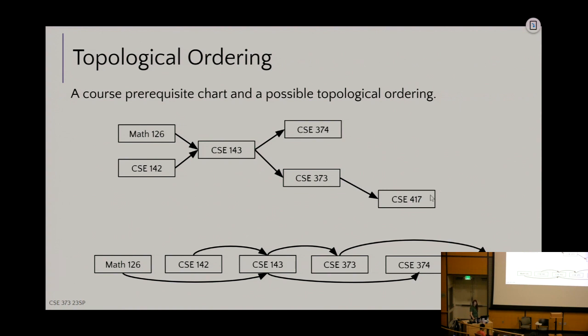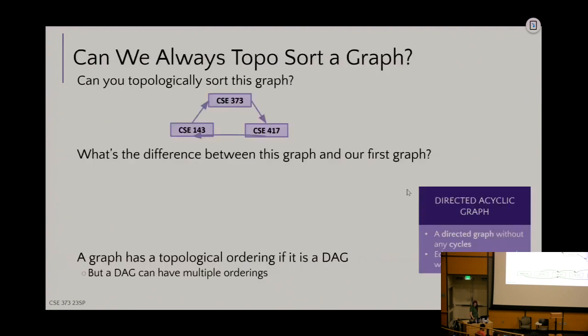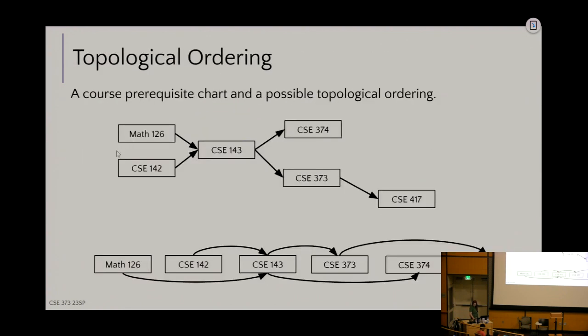Oh, like what if there existed another arrow that pointed from 417 back to 142? Then we would not have a directed acyclic graph. We would have a cycle in the graph, and thus you could not run topological sort. So if a cycle exists, you cannot run this algorithm. Does that answer your question? Yes.